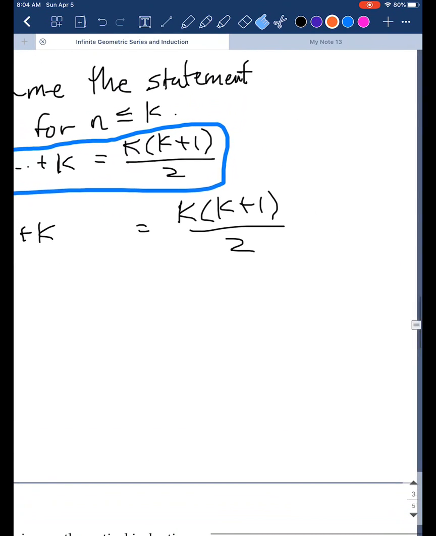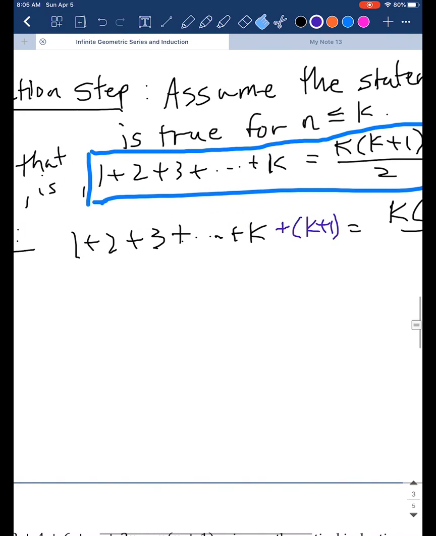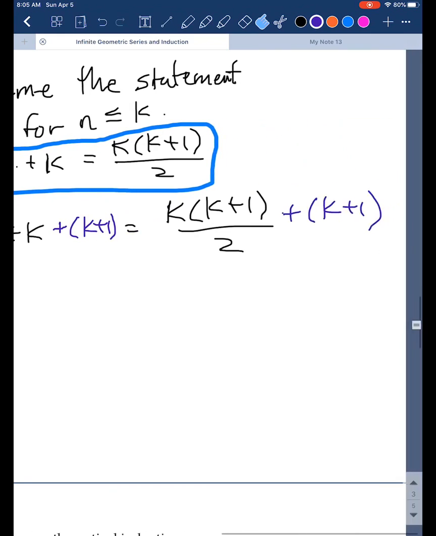And then what we're going to do is add on the next term. So the next term on the left would be k plus 1. And to balance my statement, I'm going to add it to both sides. That's going to be our key. And now we can ignore the left-hand side because that's just going to stay fixed. So that is going to be our starting statement.